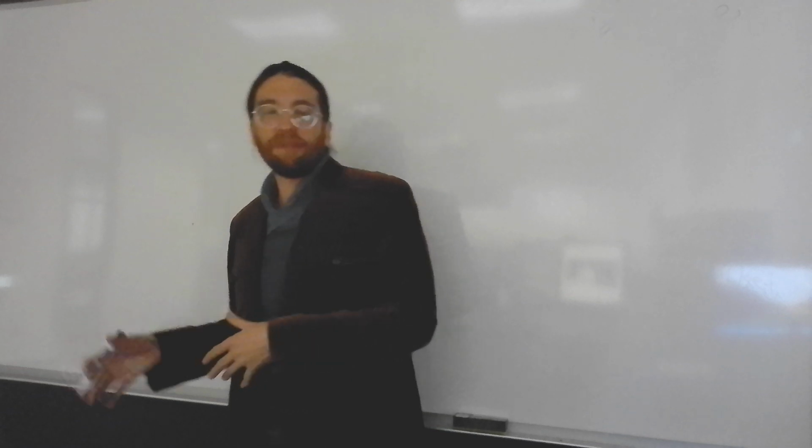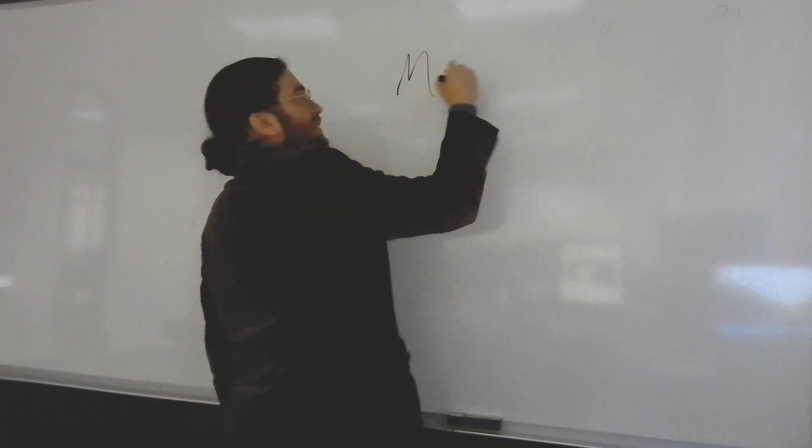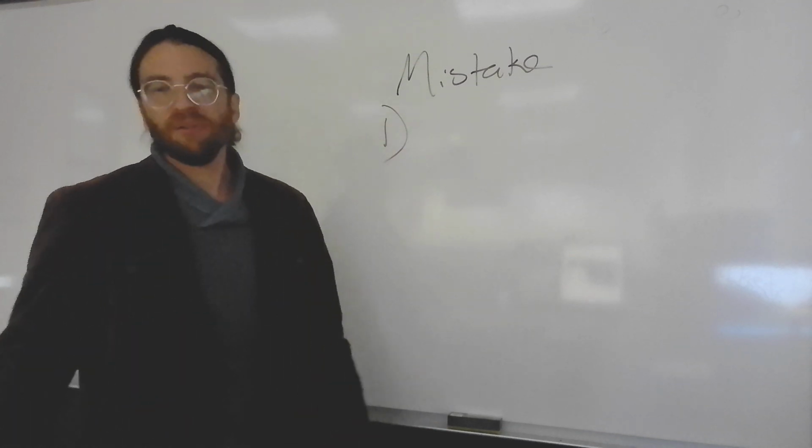So now let's talk about some common mistakes and how to avoid them. Let's look at some common mistakes with articles and how to fix them. Let's look at mistake number 1.